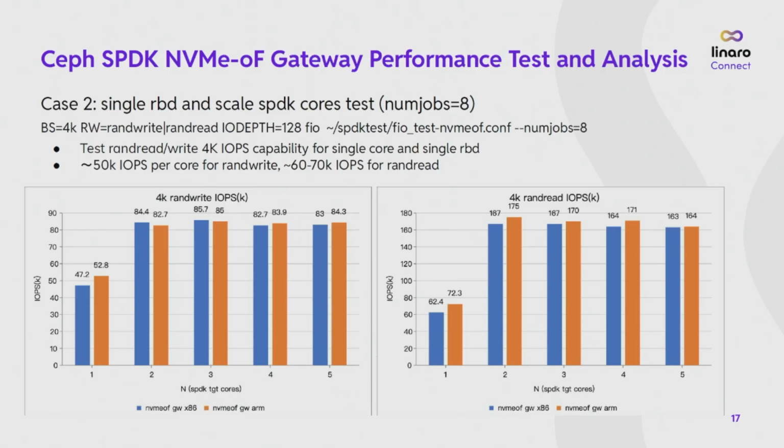Case 2 is a single RBD disk test with scaling SPDK cores. We want to test the 4K IOPS capability of a single core and a single RBD. According to the test, we have about 50K IOPS per core for random write and about 60 to 70K IOPS for random read.